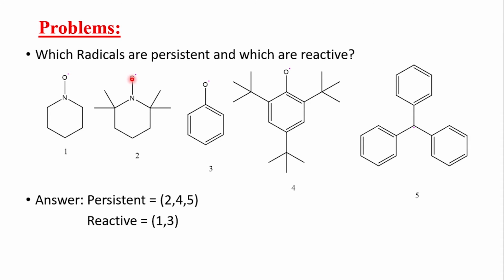Similarly, this O radical is sterically crowded by one tertiary butyl and another tertiary butyl group. Similarly, this radical is sterically crowded by 3 phenyl groups. So molecules number 2, 4 and 5 are persistent due to steric crowding, and this radical is stable due to resonance.